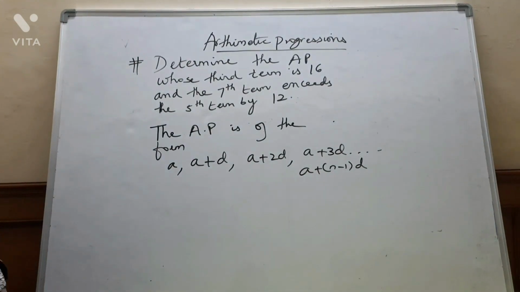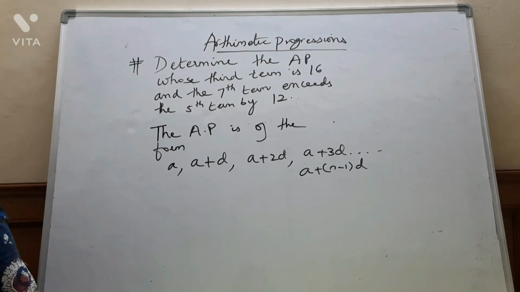Okay, so this will be the form of arithmetic progression. If you know the values of a and d, it is very easy to write the arithmetic progression if it is asked in your question paper, or if it is asked to form the arithmetic progression. So you need a and d, and you can easily do it.